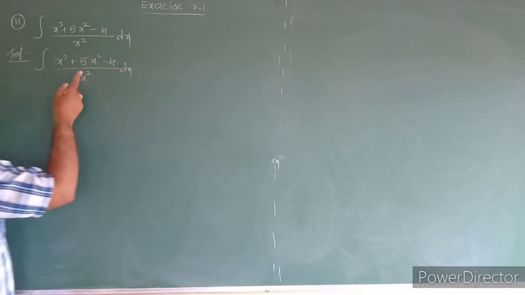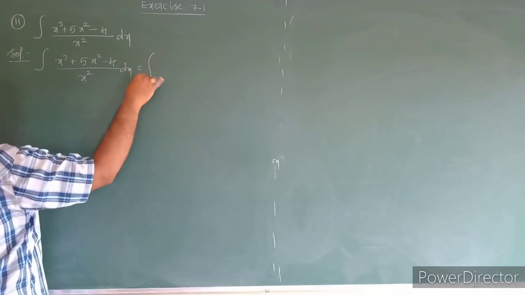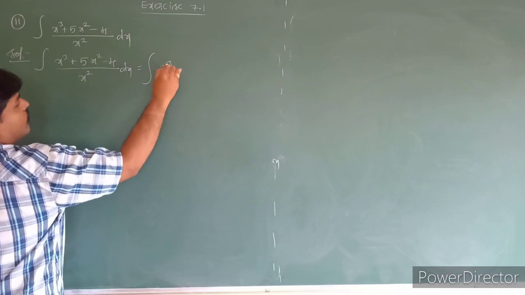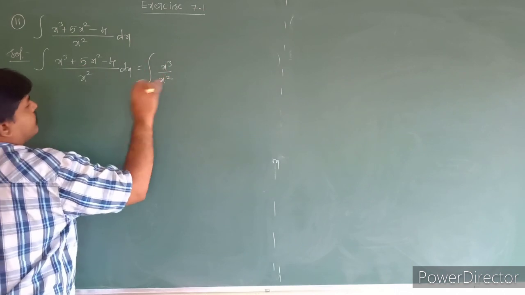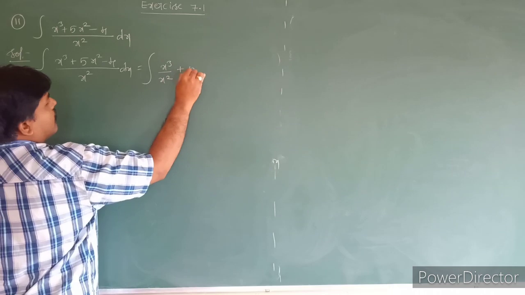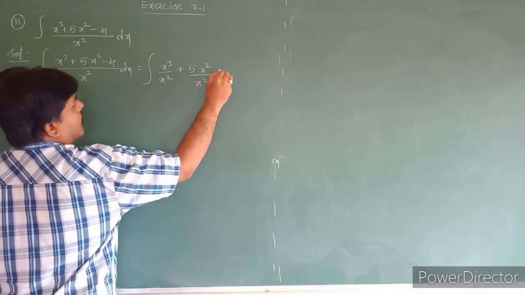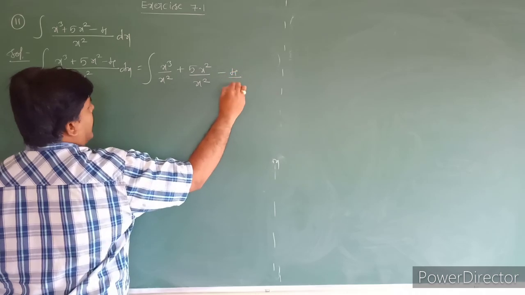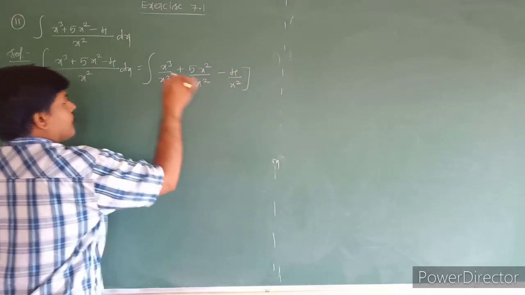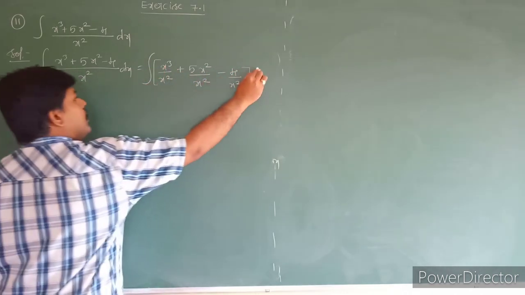These type of questions, first separate the terms. So what is that? X cube by x square plus 5x square by x square minus 4 by x square into dx.